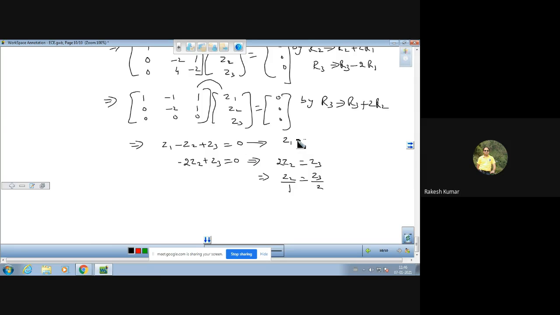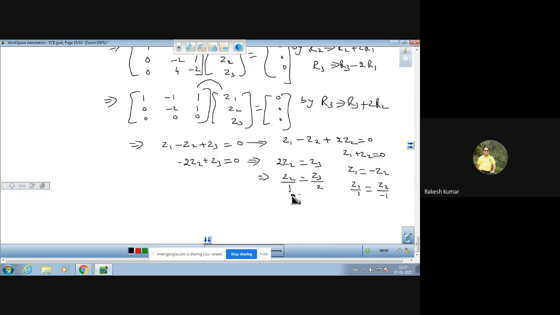So Z1 minus Z2 plus 2Z2 is 0. So Z1 plus Z2 is equal to 0. So Z1 is equal to minus Z2. So Z1 over 1 and Z2 over minus 1.